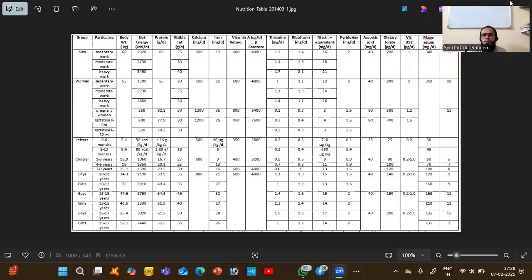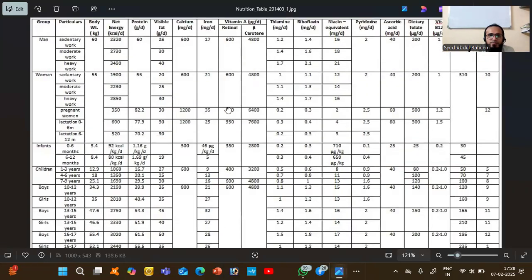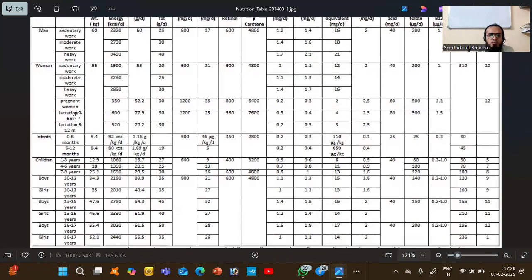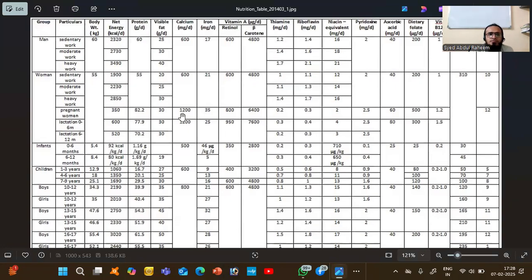So these are the RDA recommended guidelines by ICMR, the Indian Council of Medical Research. Here you are able to see everything: men, women, infants, children, boys, girls, different ages, sedentary, moderate, heavy.